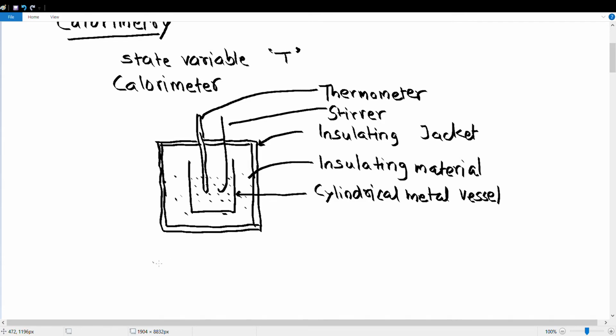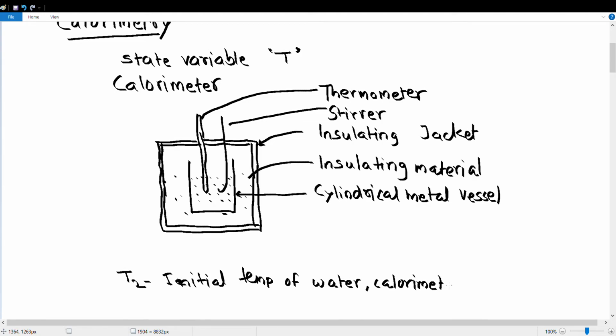Now, initially, the temperature of the water, the temperature of this cylindrical metal vessel, which we call the calorimeter, and the stirrer, is the same, and that is the initial temperature of the water, calorimeter and stirrer.